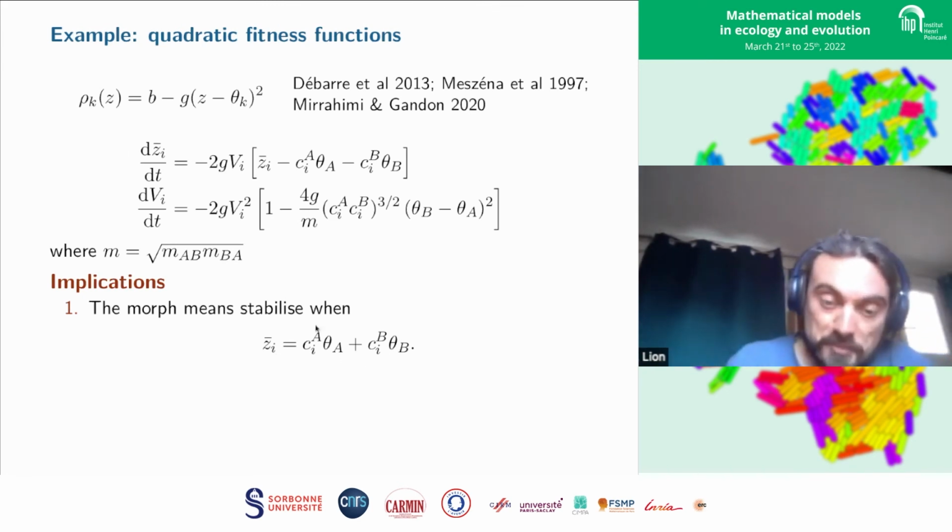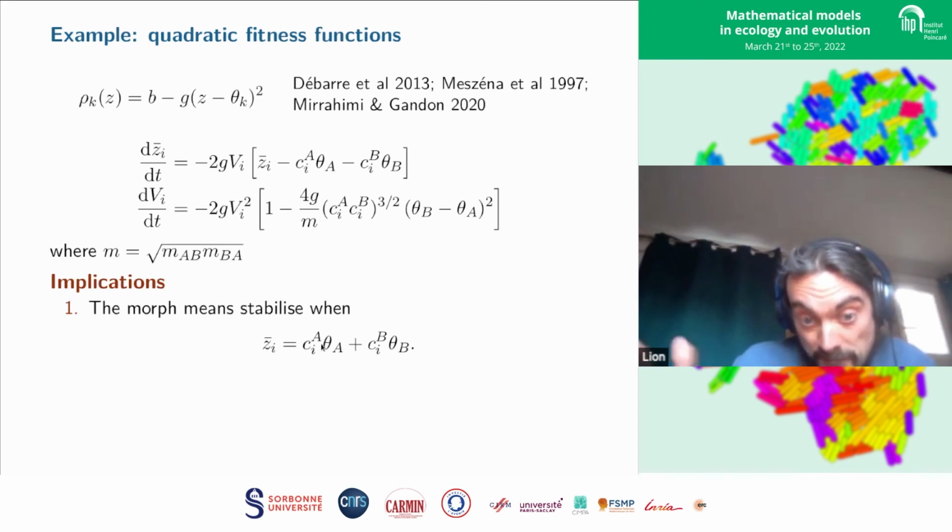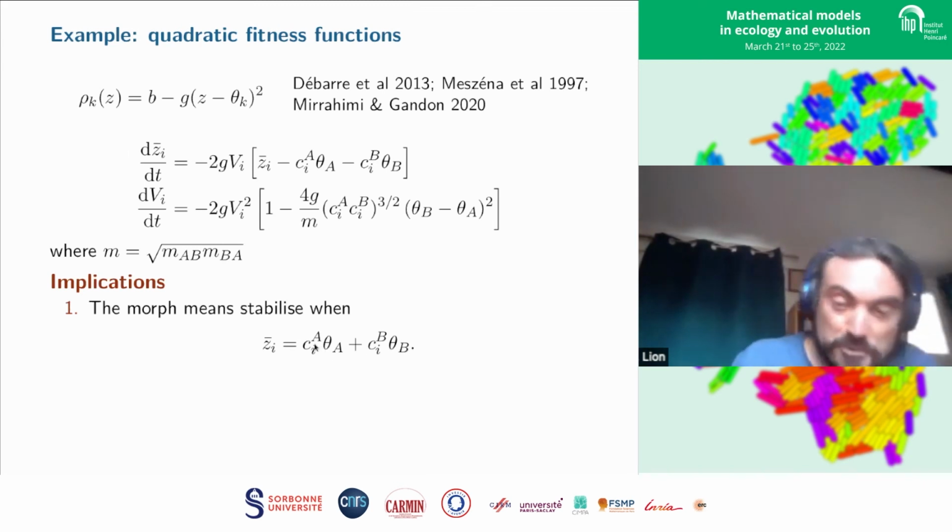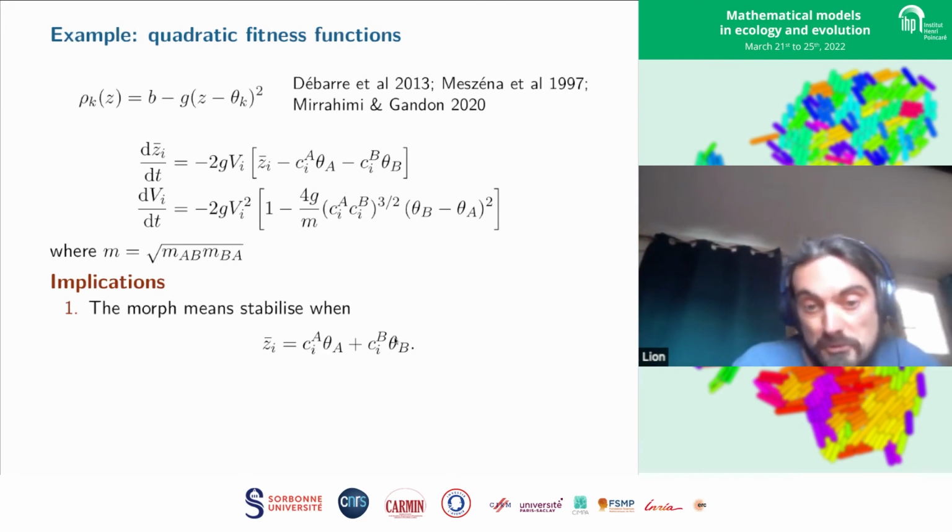So there's a direct biological interpretation in terms of reproductive value. If the quality of habitat A is much larger than that of weighted B, we converge towards the optimum of habitat A, and the reverse if the reverse happens.